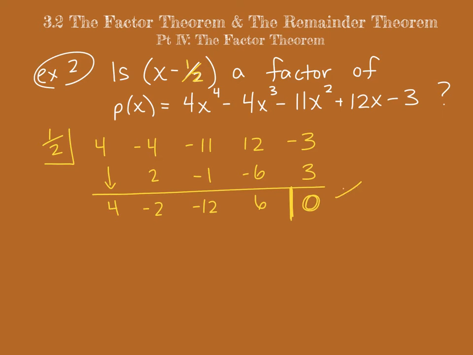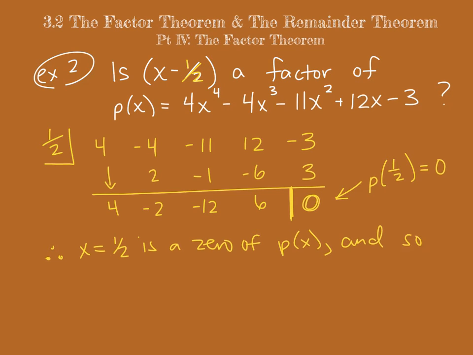So again, according to the remainder theorem, this tells us that p of 1/2 is 0, meaning the coordinate point 1/2, 0 is on p of x. 1/2 is a 0. So we know, in conclusion, or thus, x equals 1/2 is a 0 of p of x.